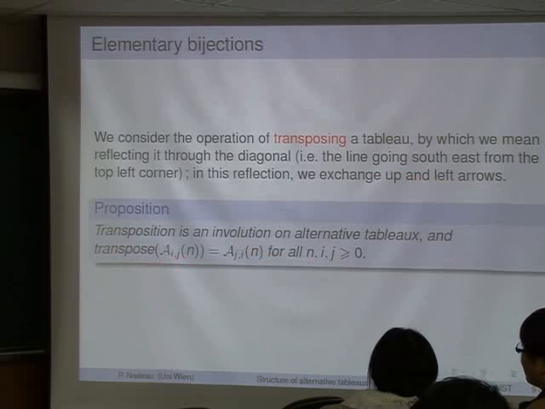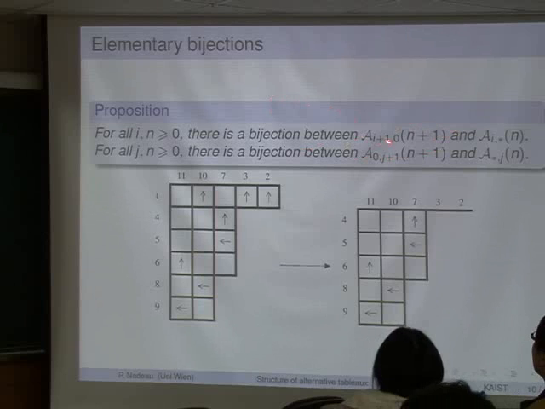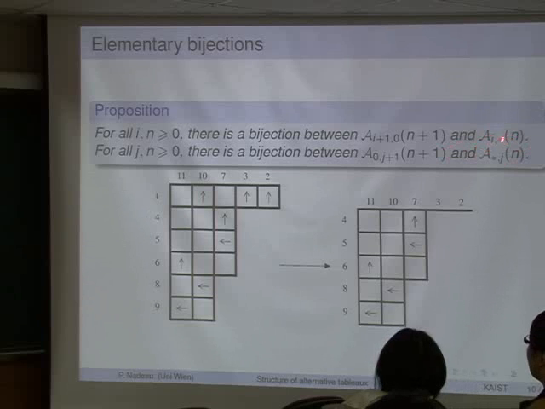A bit less elementary is this. Just look at the first line. The second one is exactly the same after transposition, like many things that will appear. If you do something for rows, you can do the same for columns. There is a bijection between the tableaux with I plus 1 free rows and no free columns, meaning in every column there is an up arrow, and the tableaux with one less free row and any number of free columns.